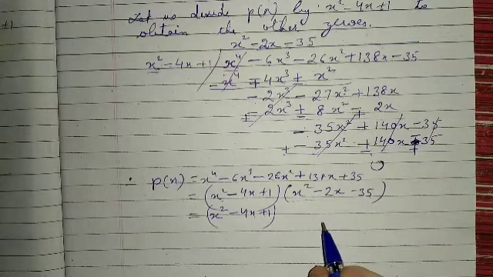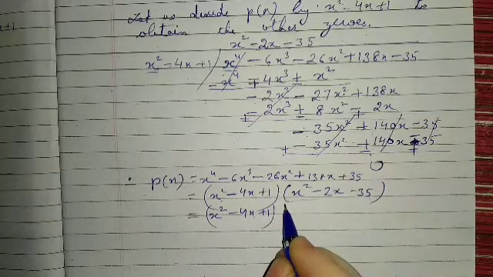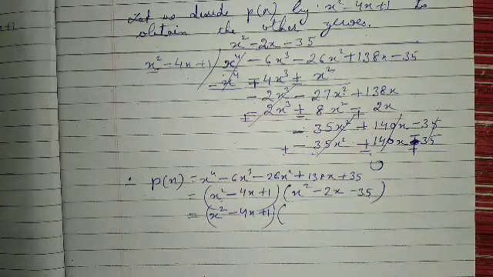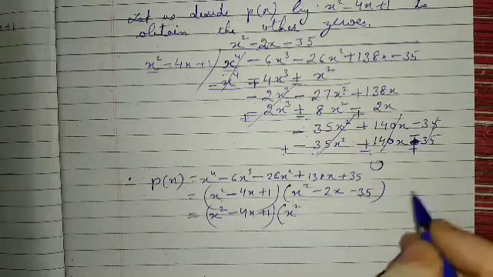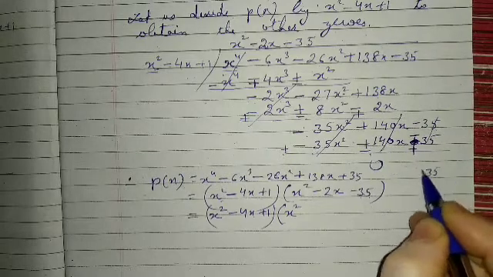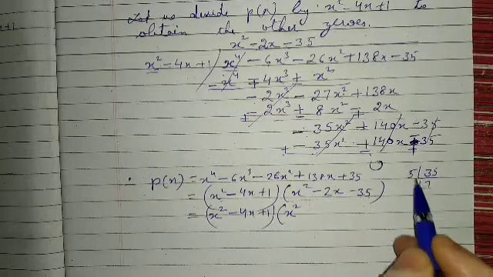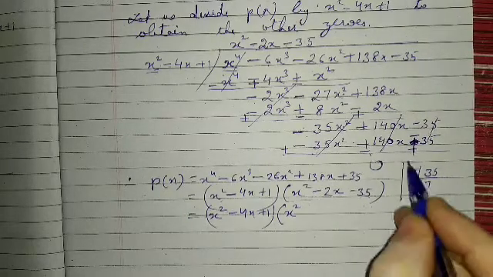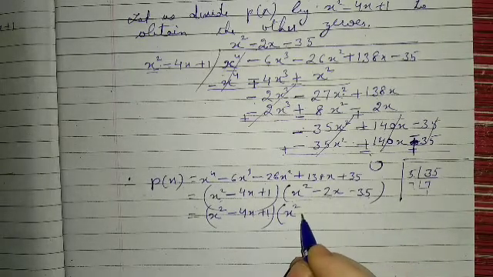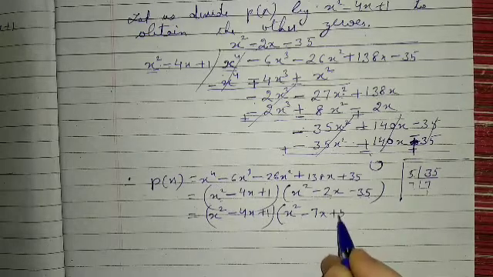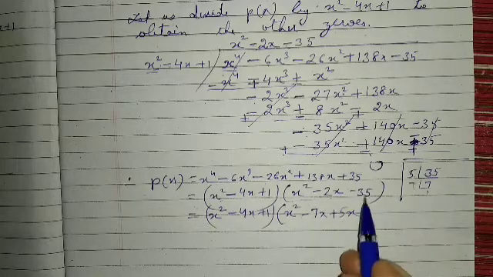Now if we factorize it, then what will we get? This is 35, and 7 5s are 35, since 35 into 1 is 35 and the prime factorization is 5 into 7. So these two factors are there, and we will use them to split the middle term, that is minus 7x plus 5x. If we sum it, we get minus 2x, and if we multiply, we get the product.